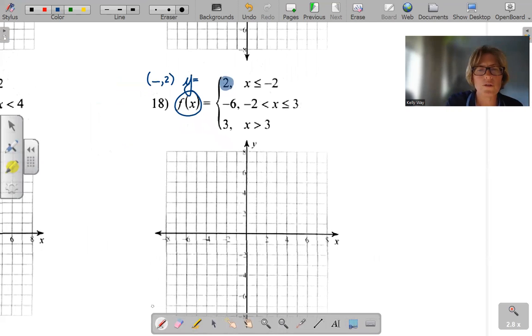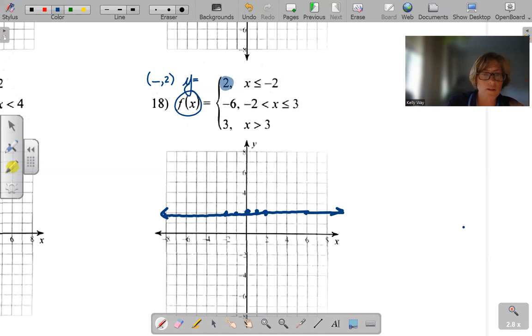For example, 0, 2, 1, 2, 3, 2, -1, 2, -2, 2. And so your line for the blue there, y equals 2, is going to look like this. That's the blue. That's the line.